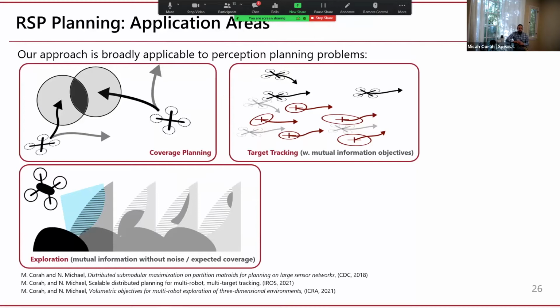So we're able to obtain bounds on this inter-robot redundancy on a wide variety of active perception problems. And when we're able to do so, we're subsequently able to provide suboptimality guarantees for RSP, which approach the original bound of 1/2 with 1 over n times, n being the number of steps.